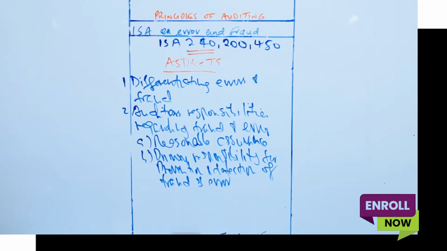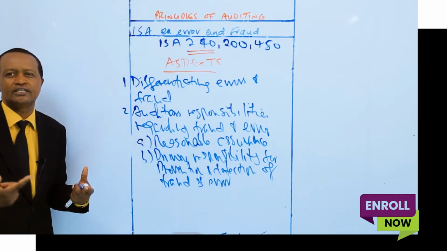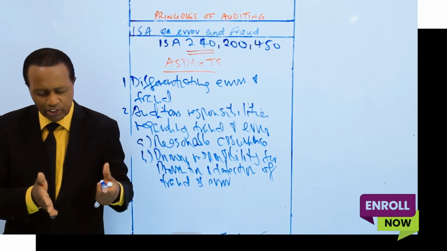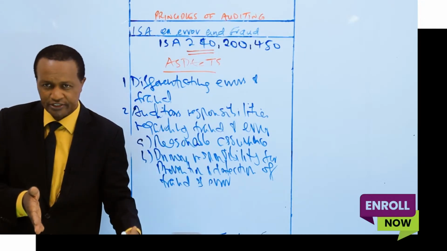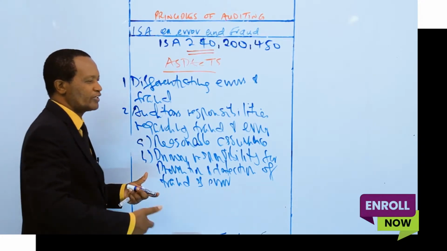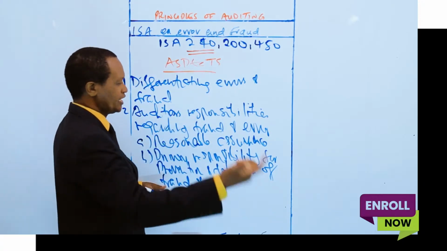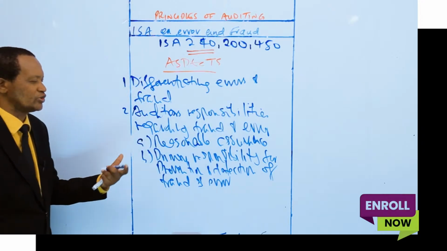And this is because fraud often involves sophisticated and organized schemes designed to be concealed, including collusion, including forgery. It may also include intentional omissions. It may include management override of controls. So the risk is higher when it comes to detection of fraud as compared to error, because error is not intentional.